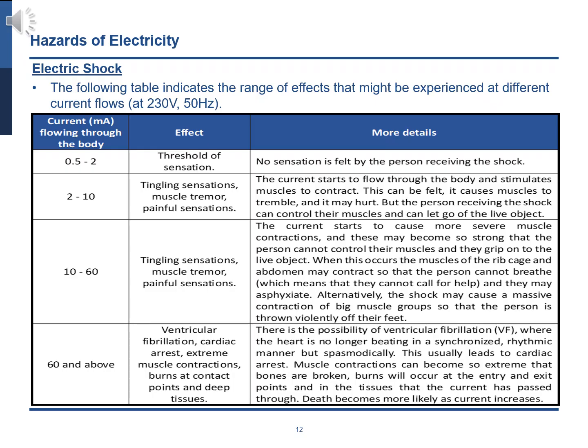The risk of ventricular fibrillation, a life-threatening heart rhythm, increases significantly. This is considered a dangerous level of current. Above 60 mA: currents above 60 mA can cause immediate and severe effects, including cardiac arrest, severe burns, and potentially fatal injuries. The likelihood of death increases with the magnitude of the current.